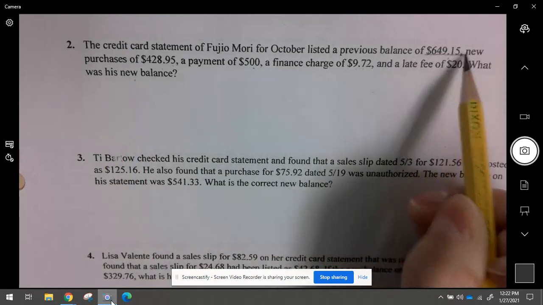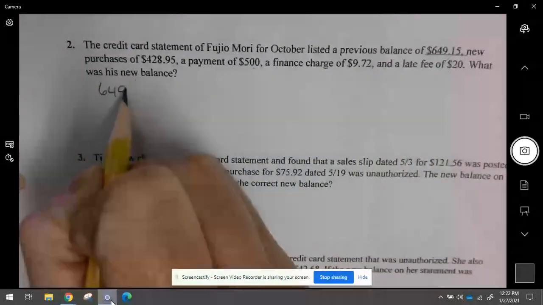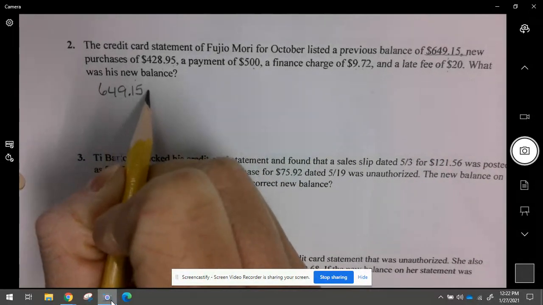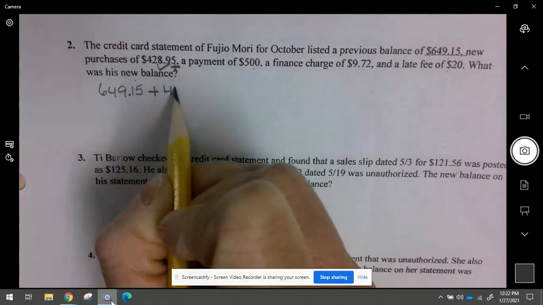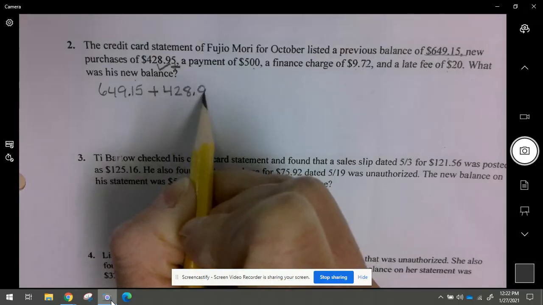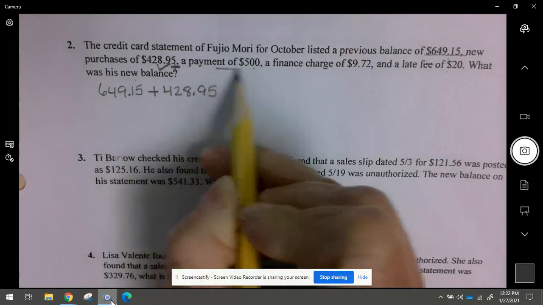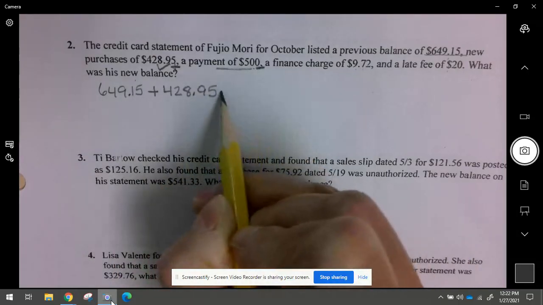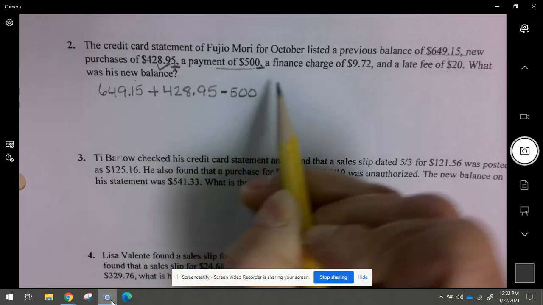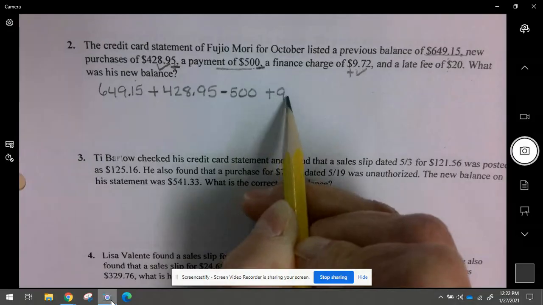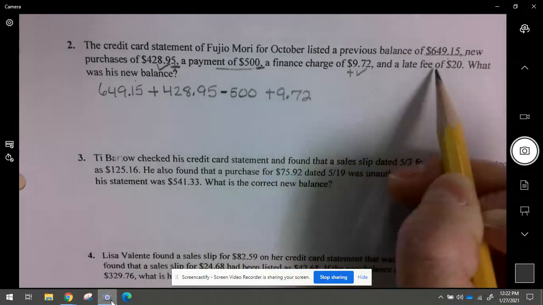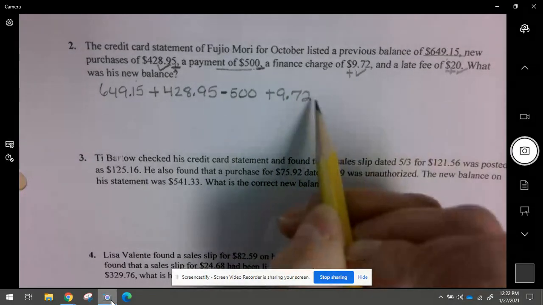Start with his previous, $649.15. Add any purchases. So this is an addition, $428.95. Subtract payments, that's a subtraction, $500 payment he made. Finance charge gets added. And a late fee is also an addition.